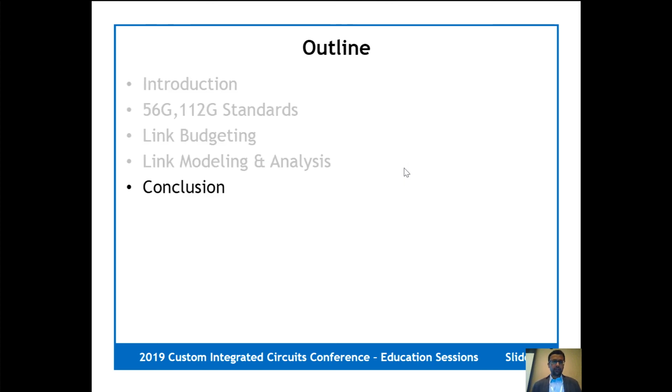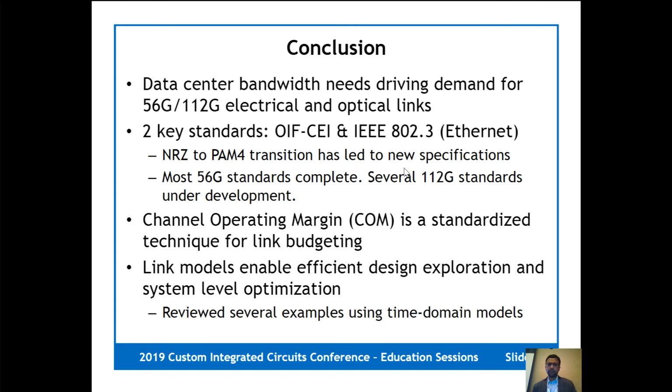Okay, so finally, to conclude, we saw that there are basically two key standards that we have to pay attention to in the design of these 50 gig and higher electrical and optical links. On the electrical side, typically the CEI standards, and on the optical side, the IEEE 802.3 standards.